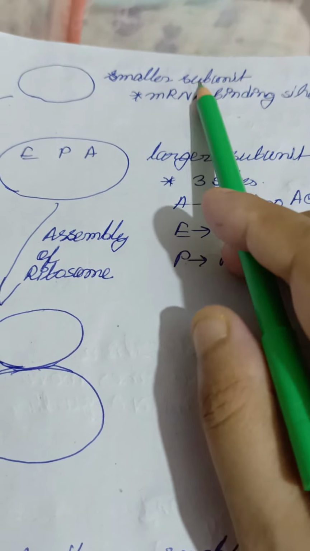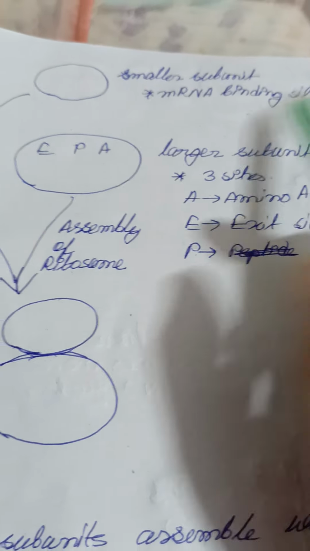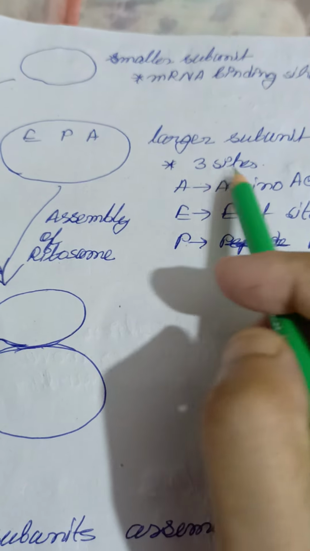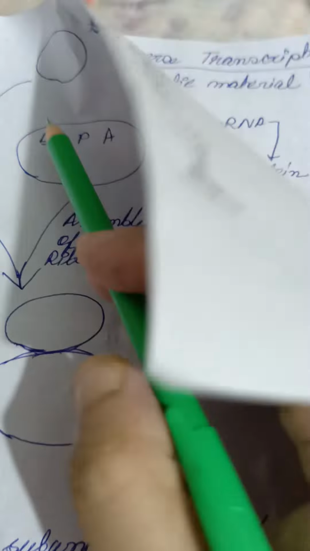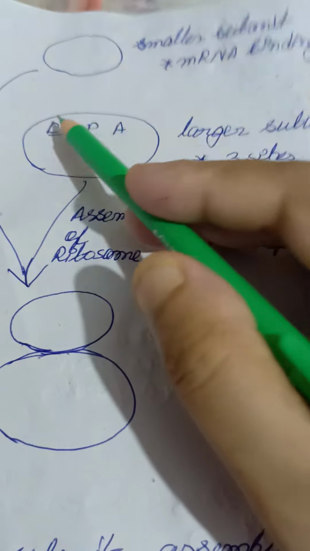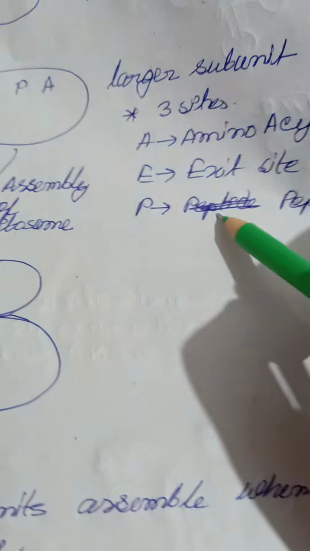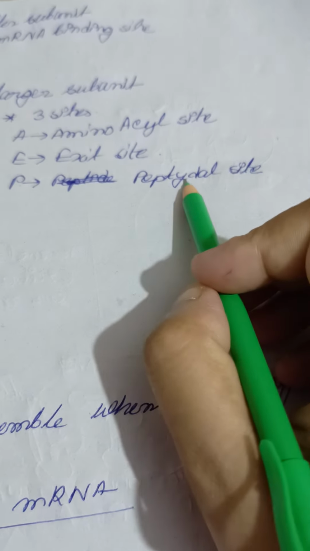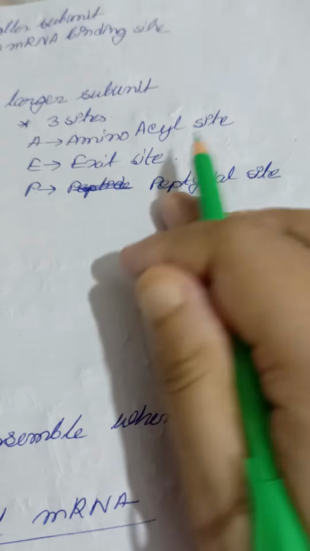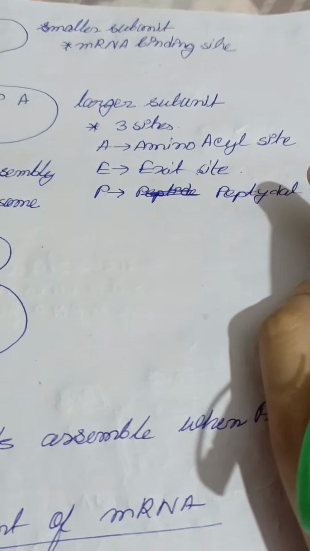In the smaller subunit, mRNA will bind. In the larger subunit, there are 3 sites: A, E, P. Also, we can say EPA. E is the exit site. P is the peptidyl site, meaning peptide bond will be formed here, and E is the exit site, A is the amino acyl site.